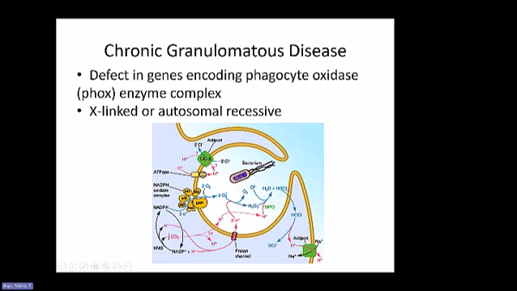Hopefully you guys can see my pointer. If not, let me know. And so these chemicals, reactive oxygen species, hydrogen peroxide, bleach, all of them are used in killing of the microbes. Apart from that, there is this proton channel that is activated because of that electron transfer from NADPH, and that is also important for the bactericidal or microbicidal action of these neutrophils.